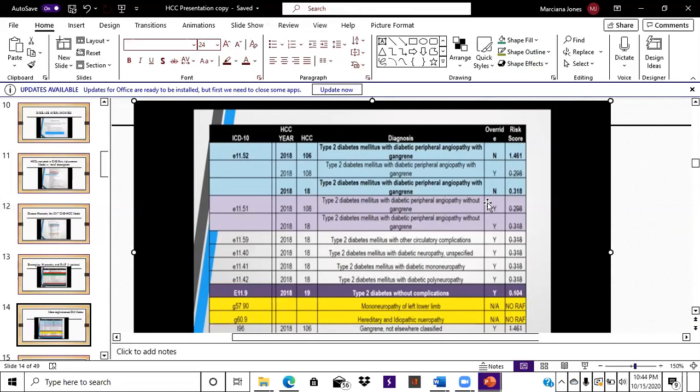And the reason why they're more sophisticated is because one code can RAF to 3 different HCC categories. As you can see here, this E11.52 maps to 3 different HCC categories: HCC category 106, HCC category 108, and HCC category 18.